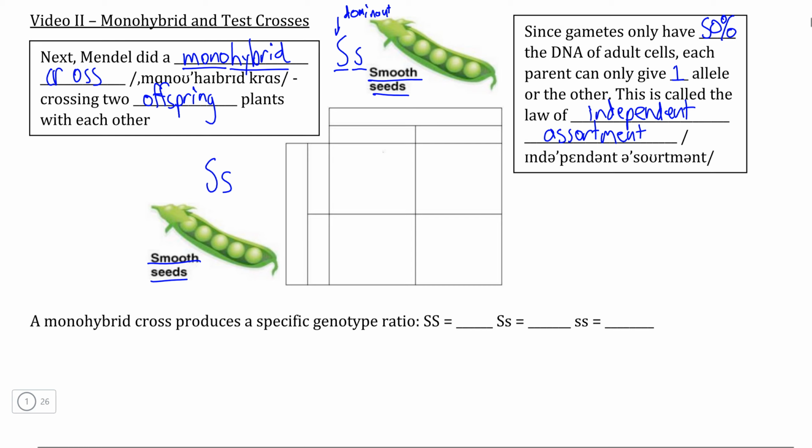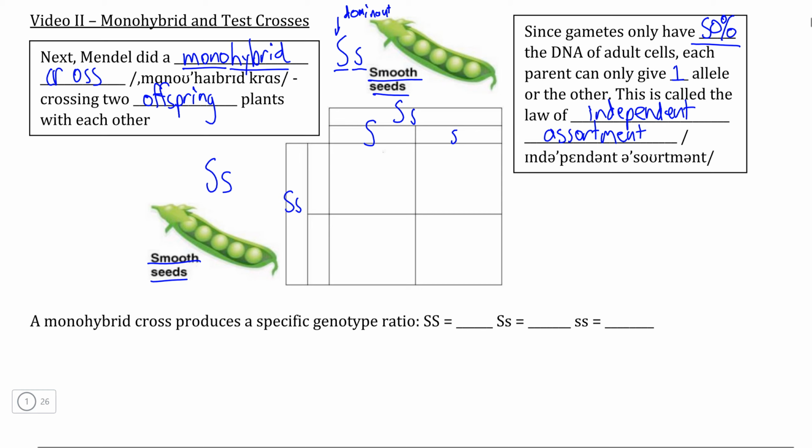Because gamete production involves only 50% of the parent DNA, this parent would only be able to give the dominant allele or the recessive allele and not both.